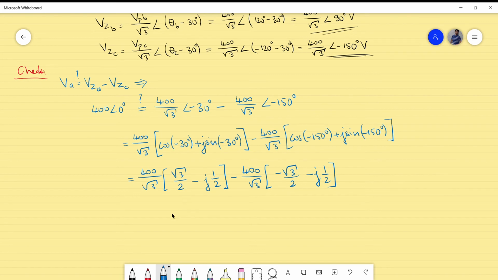So you have the following: 400 divided by square root of 3, and additional from this real part plus this real part, using the minus sign here, I will have in total net square root of 3 as a real part. Now this is minus j 0.5 or half, and it is plus, so these will cancel each other out. So I will have 0 imaginary part, and that's very interesting because now this is a pure real expression.